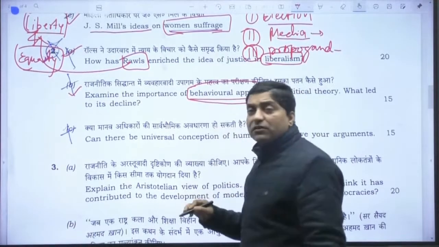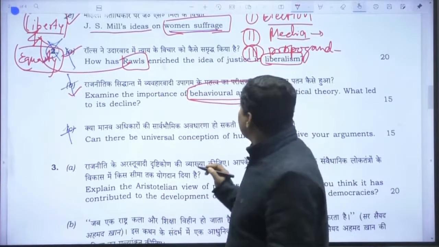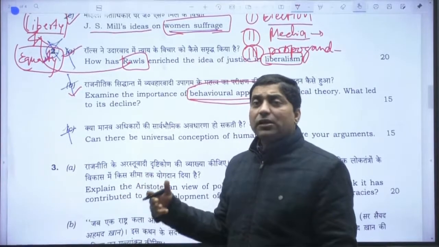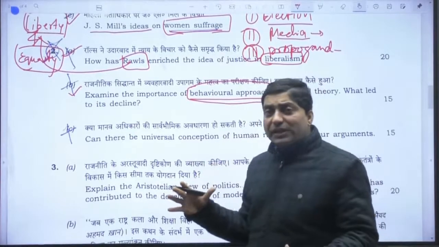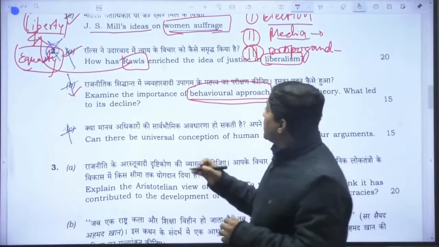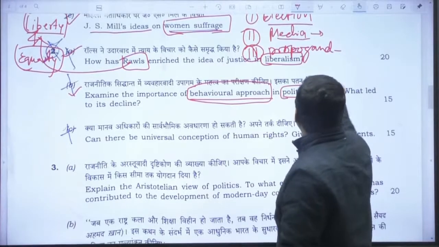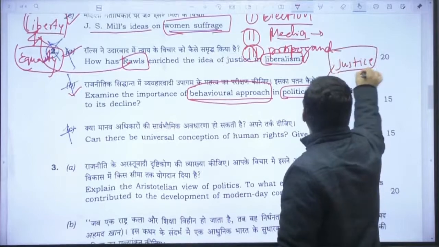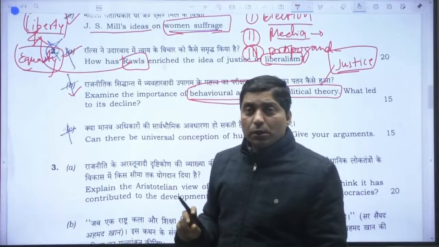The behavioral approach was influenced by positivism, and that talks about using empirical methods to study social science and social phenomena. They argue that we can make every social science value free. Mind it, political theory is not value free, but value laden, like justice. We can make a judgment or analyze justice, but we cannot quantify justice, right?